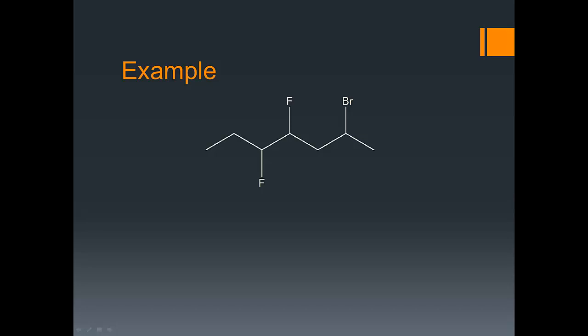Okay, now we need to decide which one to list first. You actually list these alphabetically. Now because bromo starts with a B and fluoro starts with an F, we need to put the bromo first. And also we need to consider that this is a 4,5 difluoro, but we don't look at the D for di, we look at the F for fluoro.